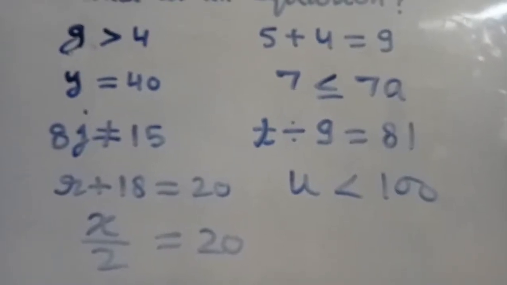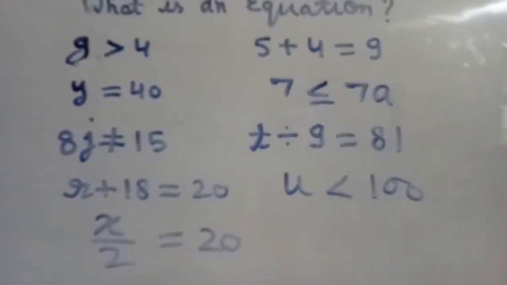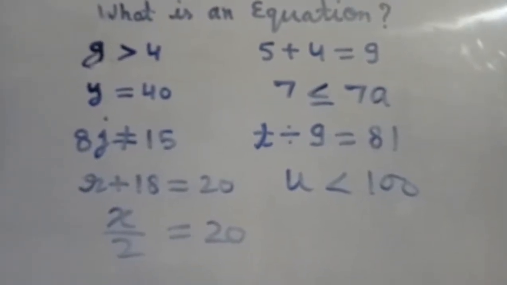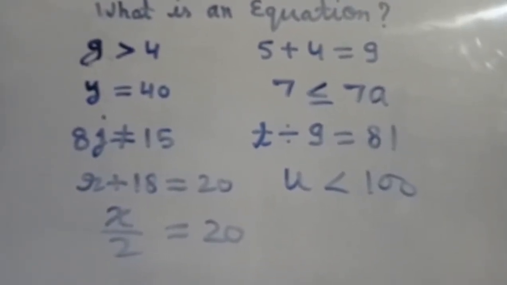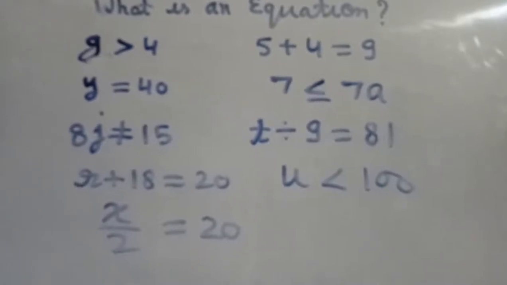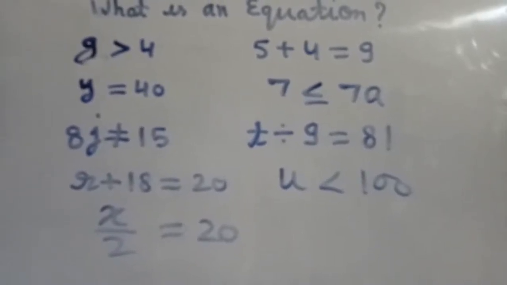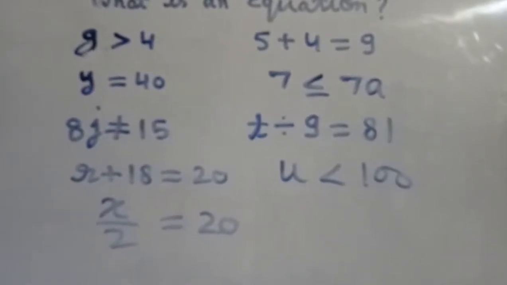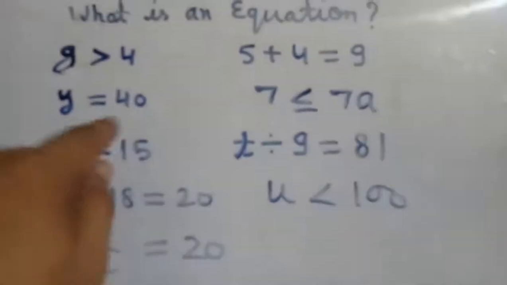Identify which are equations and which are not. For an equation, we have three parts: a left hand part, an equal sign, and a right hand part. There are two parts, left and right, on either side of the equal sign.